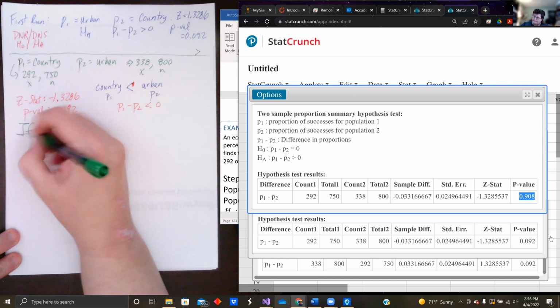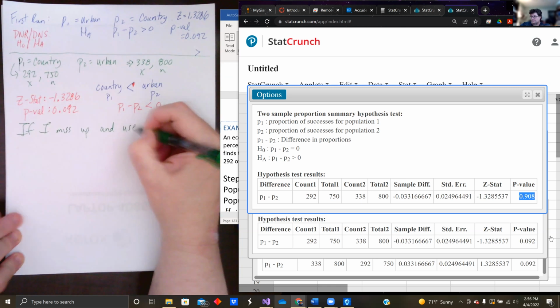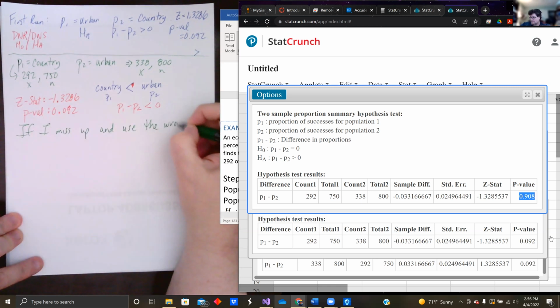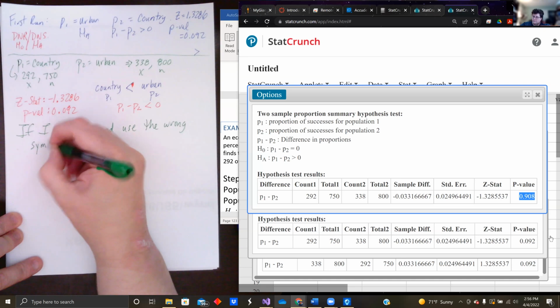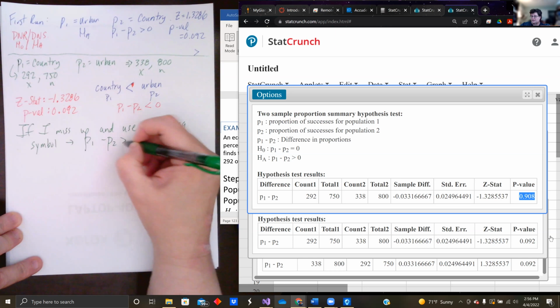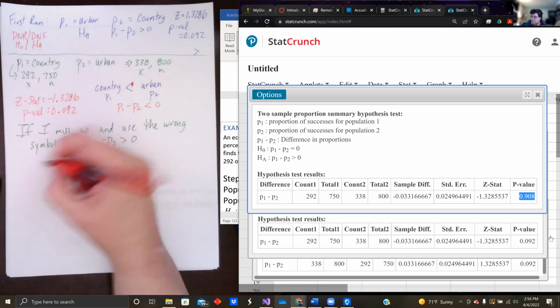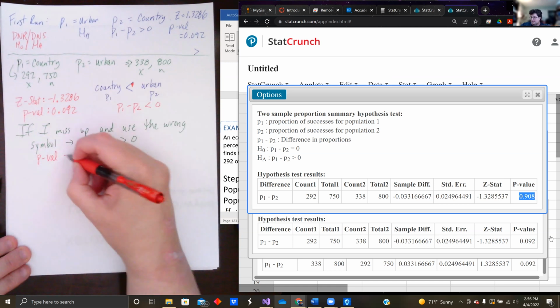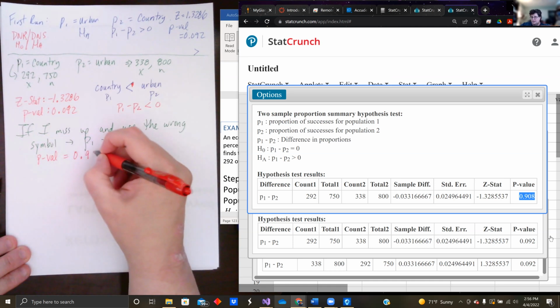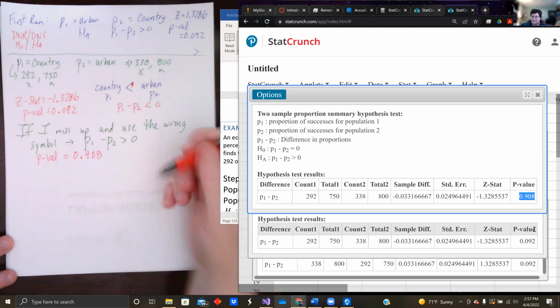So if I mess up and use the wrong symbol, in this case, putting P1 minus P2 is greater than 0 when it shouldn't have, my p-value is 0.908, which looks a lot like the 0.92 down here because there's a 9 and a 0, but it's not.